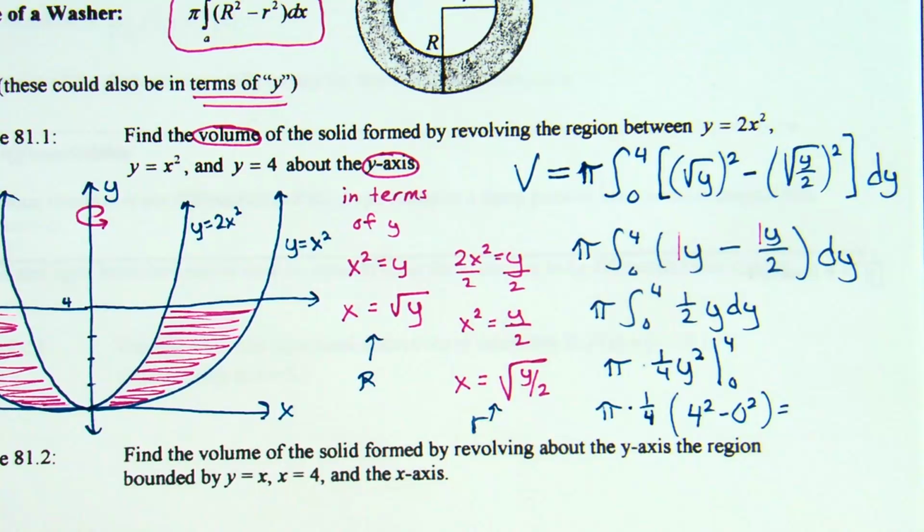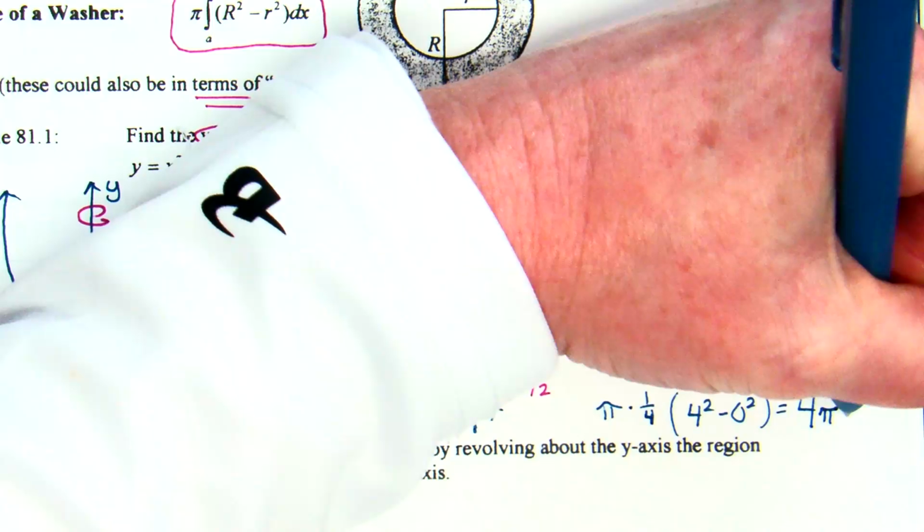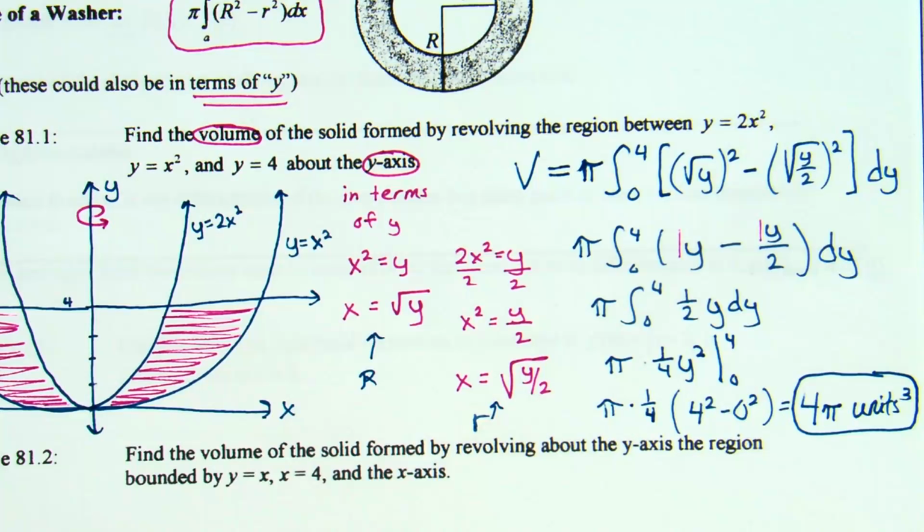The 0 doesn't matter, and the 4 in the denominator up front will cancel the square. Leaving us with 4 pi. Because this is volume, officially I can say 4 pi units cubed. 4 squared is 16, 1/4 of 16 is 4, so 4 pi, or however your brain processes that.